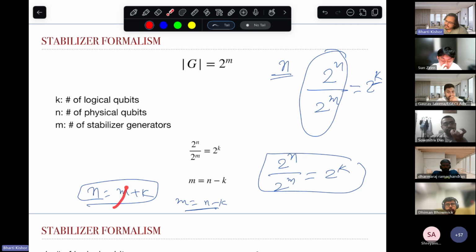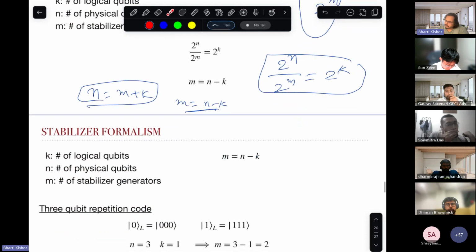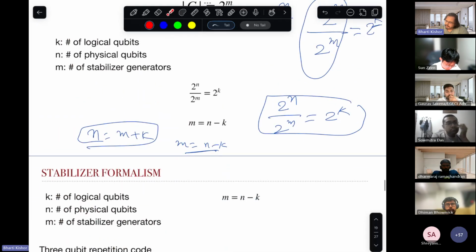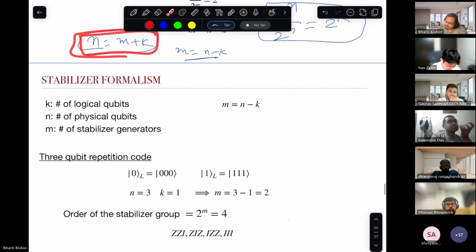If you increase your stabilizer generators and keep n fixed, then k has to go down. On the other hand, the number of stabilizer generators m scales linearly with n. So this n equal to m plus k relation is good.